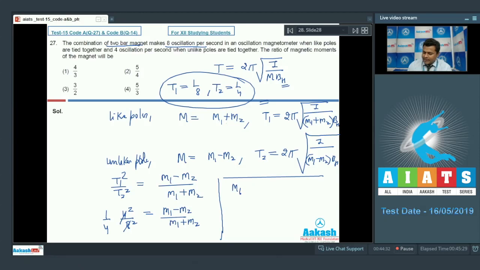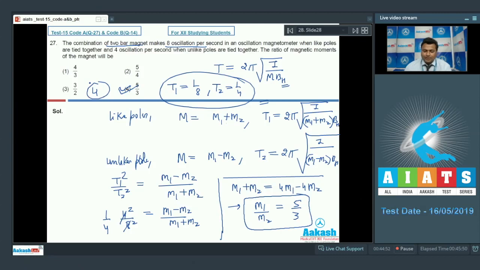Cross multiplying, M1 plus M2 equals 4 times M1 minus 4 times M2. So therefore ultimately we will get the ratio M1 by M2 as 5 by 3. Option number 4 is perfectly matching. We can go with this, option number 4. Now move on to the next, that is 28 number.